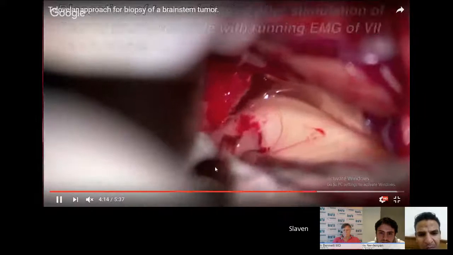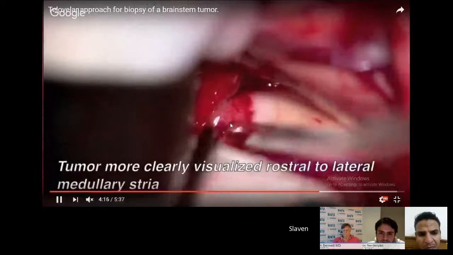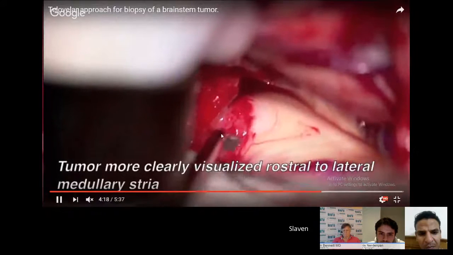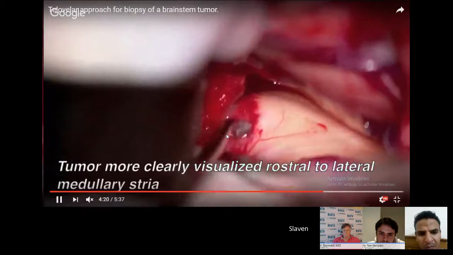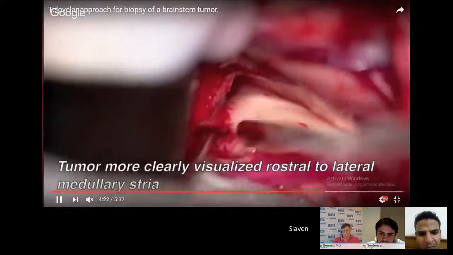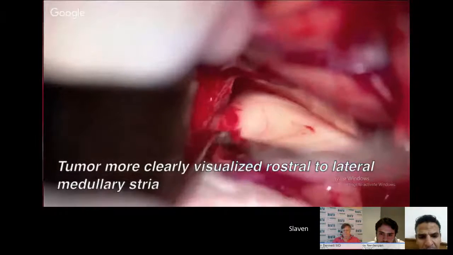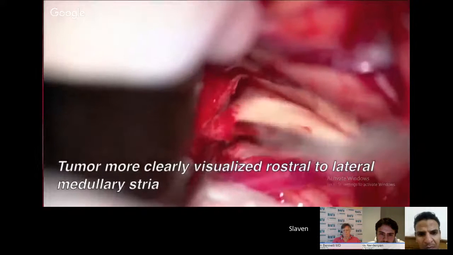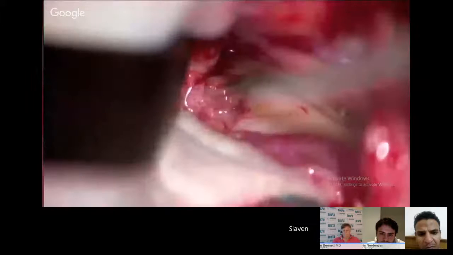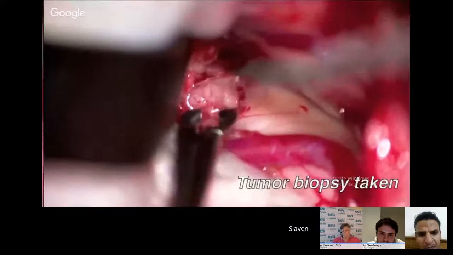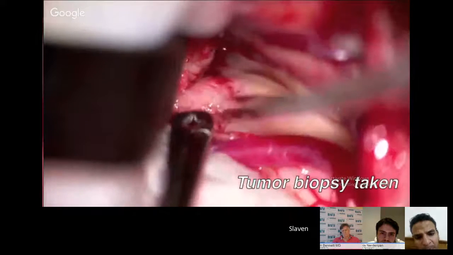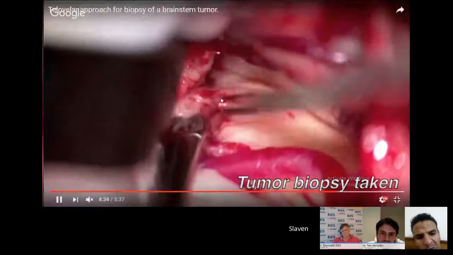So now the neurophysiological evaluation is on to show that there won't be any injury to the important cranial nerve nuclei in this area. And finally, the tumor biopsy is taken.